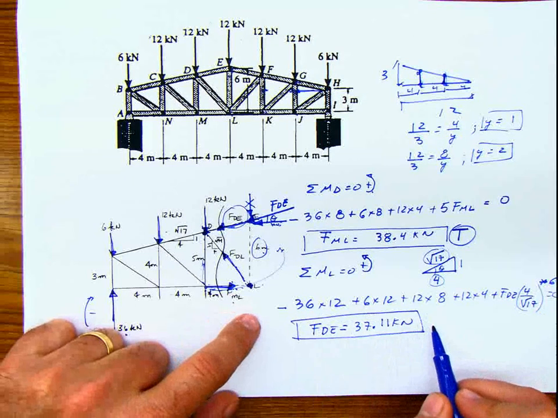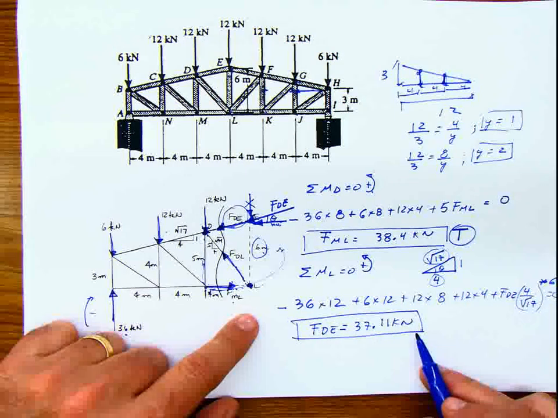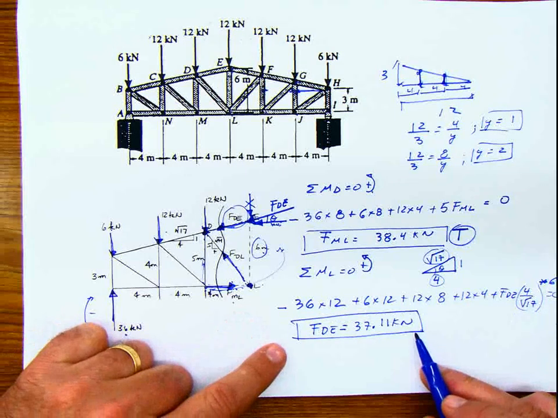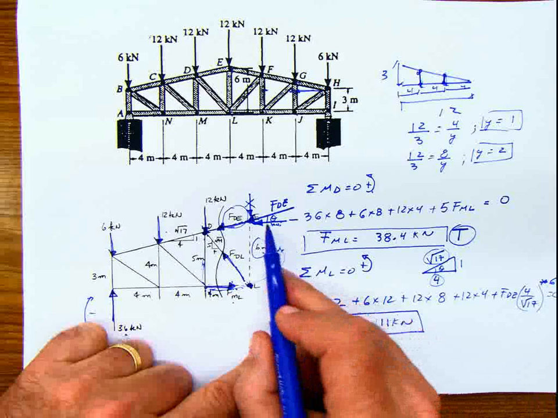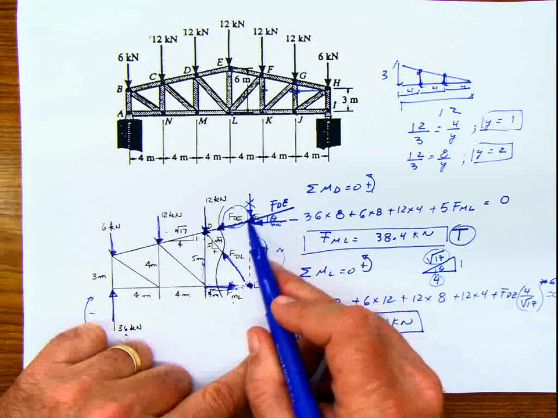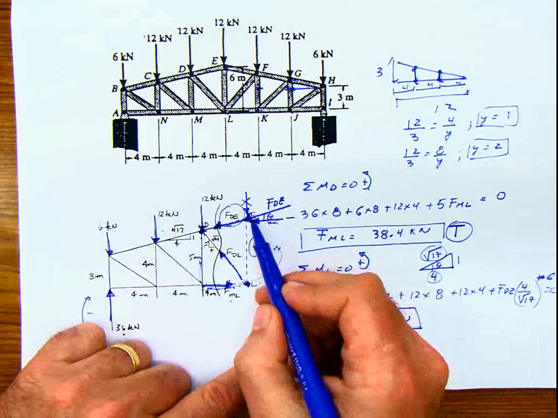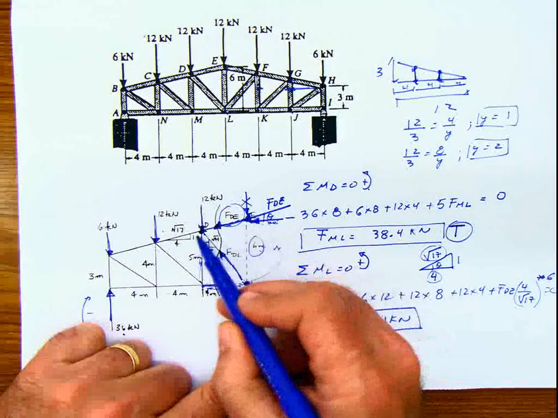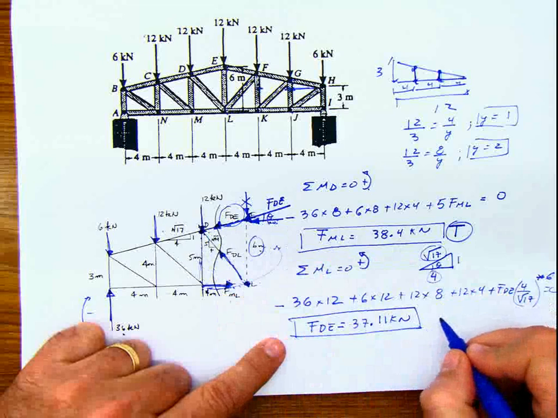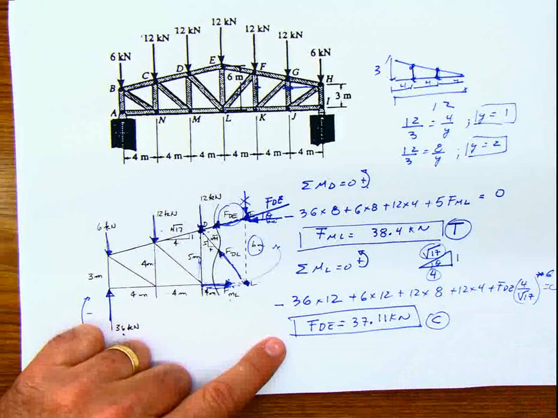The value that I got for this is a positive value, meaning the force was placed in the correct direction, and because it's entering at the joint, I'm assuming that force is in compression.